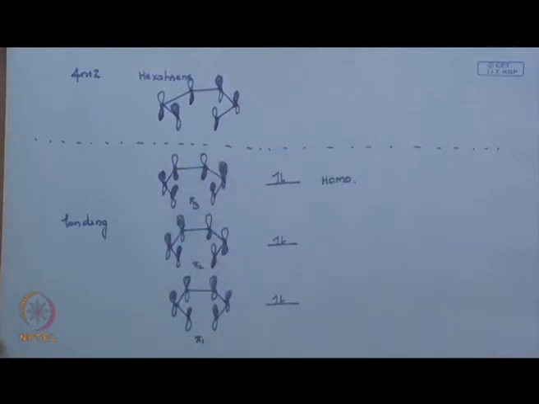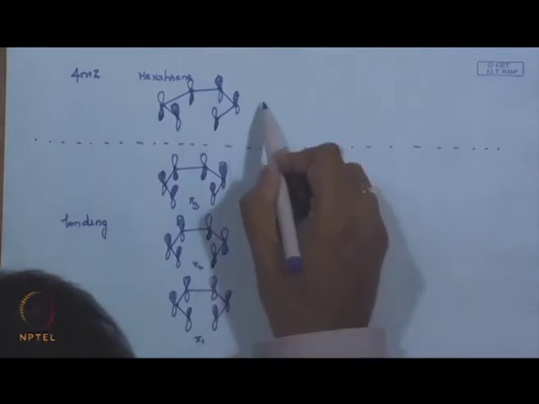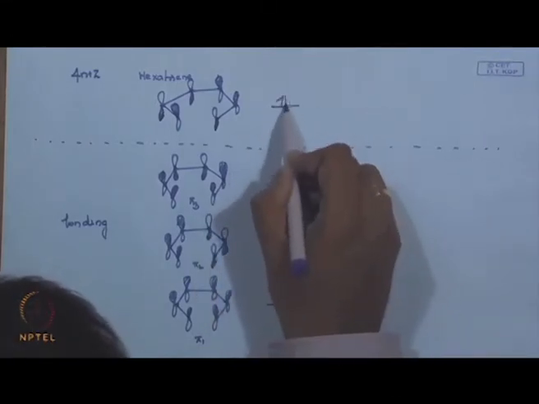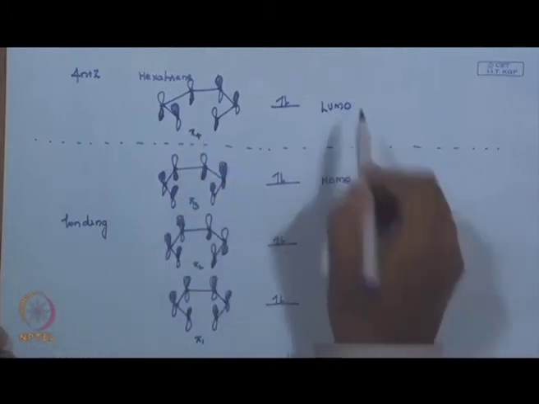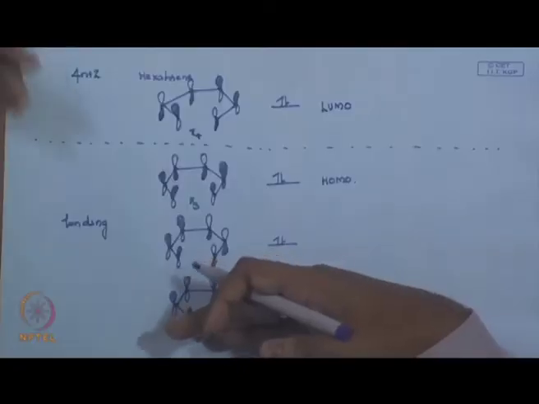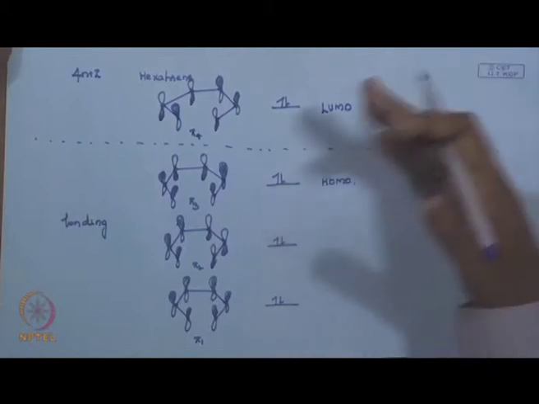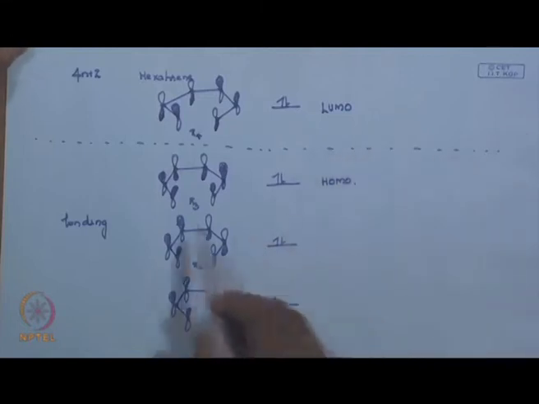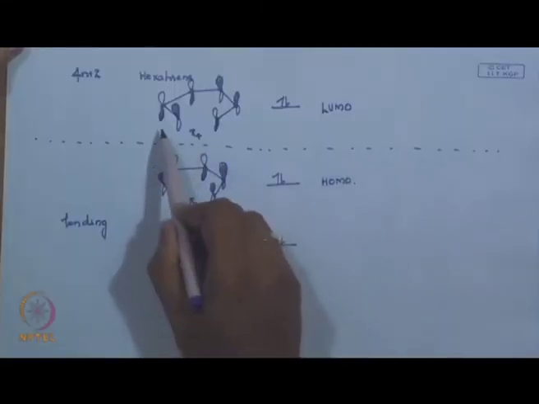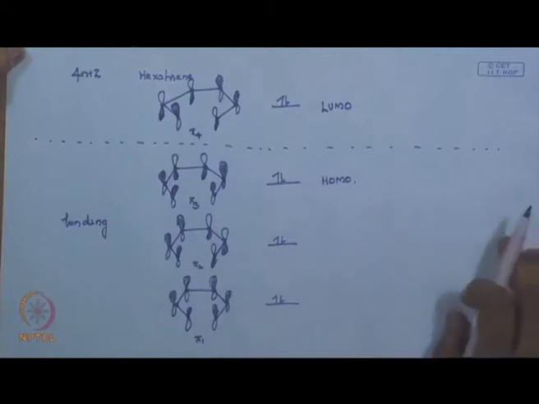Fine. So, this is your pi 4 system. This is the LUMO. You have pi 5 as well as pi 6 system. I have not drawn them in this case, as we have already discussed how pi 5 and pi 6 look, but for our understanding, we will concentrate more on your pi 3 system for thermal condition, because that is the HOMO, and then on your pi 4 system for photolytic condition.